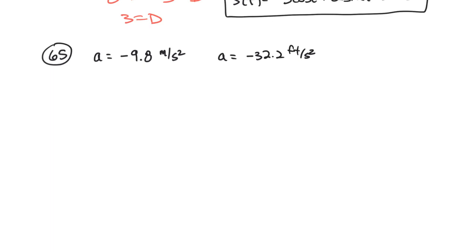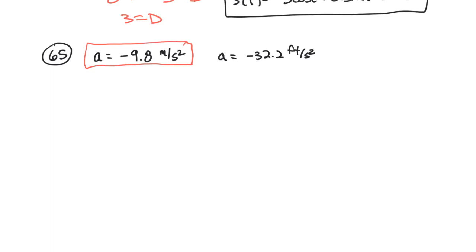So for our problem, we're talking about 450 meters above ground, so we're going to use this. If they had said something about some measurement in terms of feet, then we'd use this other one. But these are going to be held constant, so we'll just assume constant acceleration.